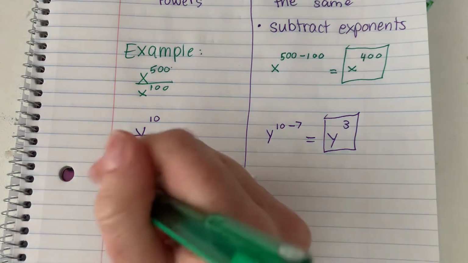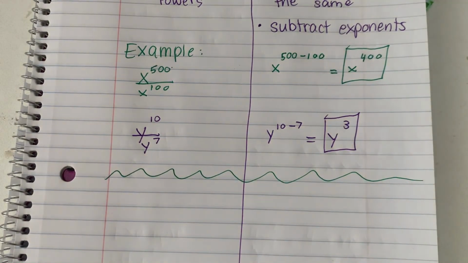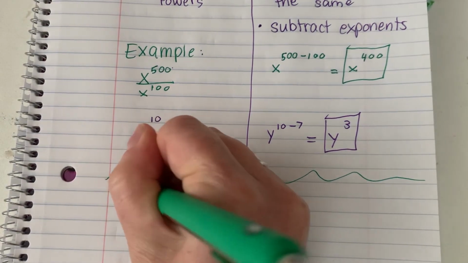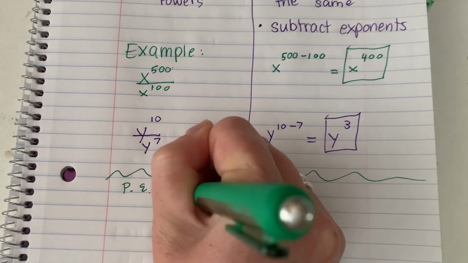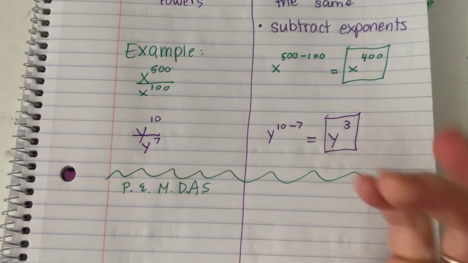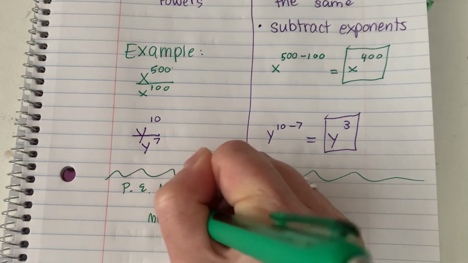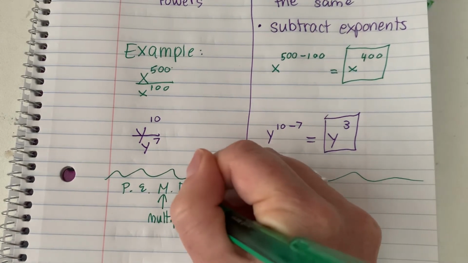Now let's talk about combining multiplication and division. Remember what PEMDAS stands for. It says deal with any exponents, then multiply first. Multiply, then divide.